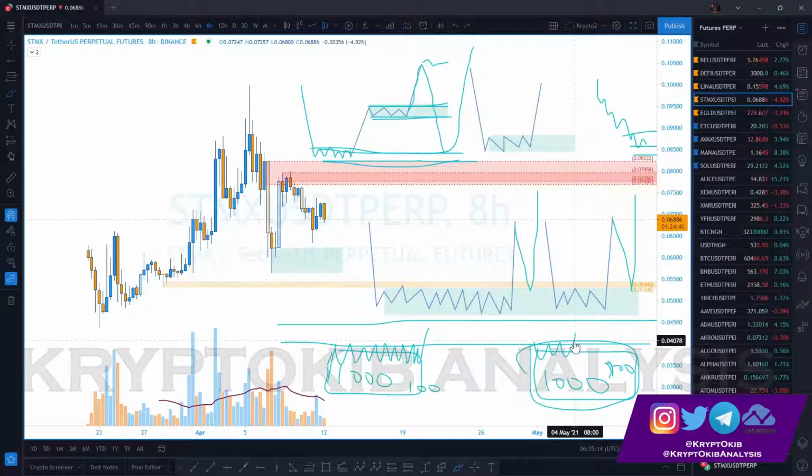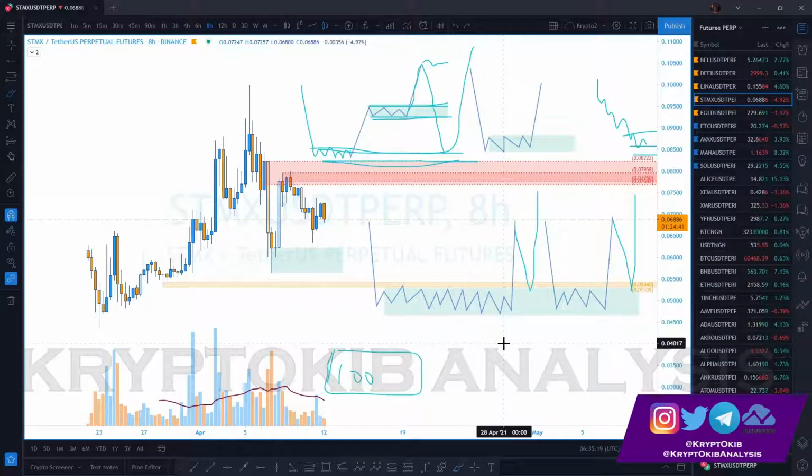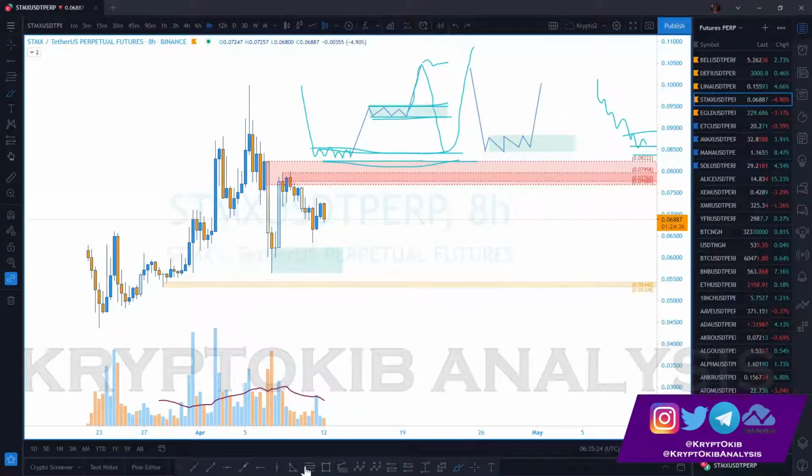Now, another thing is zones created by economic factors and news. Let's look at this scenario. Let's say we have a rally, then we have some base, and then there is an economic factor that created an event that pushed price to the upside, like when Elon Musk tweeted about Bitcoin, and then we saw it rally.